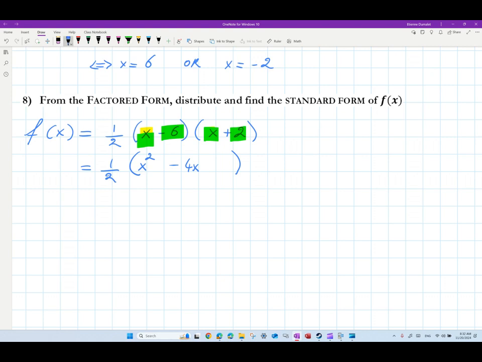And finally, I'm going to have the last product, negative 6 times 2 is negative 12. And finally, I'm going to distribute this factor with each of those 3 terms and have 1/2 x squared minus 2x minus 6.